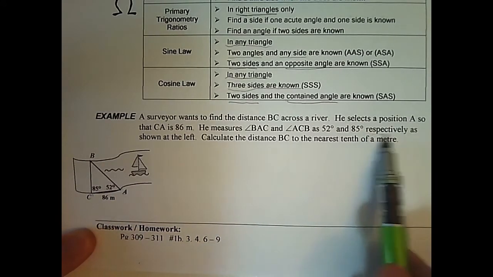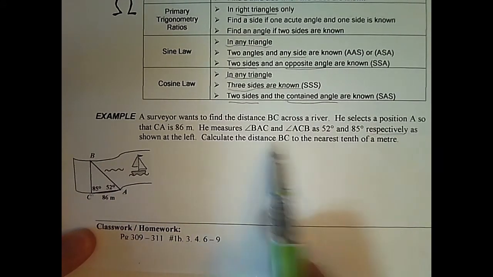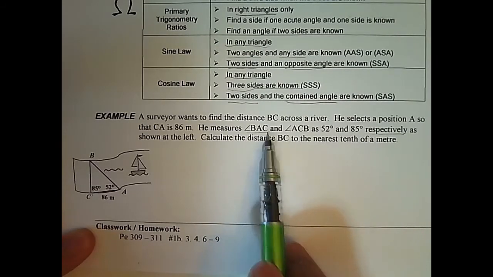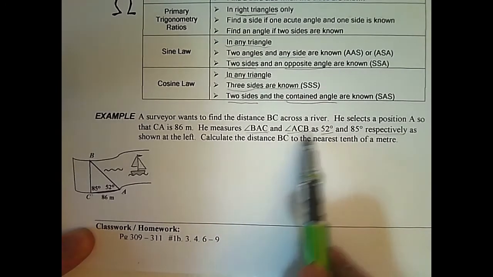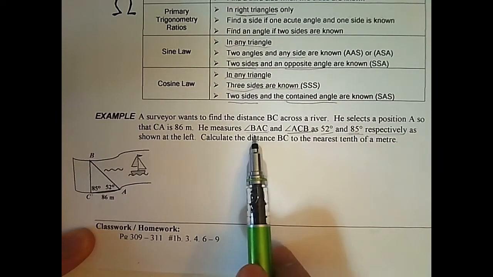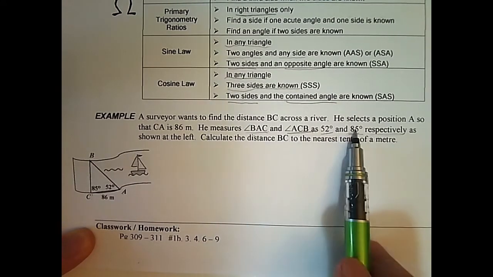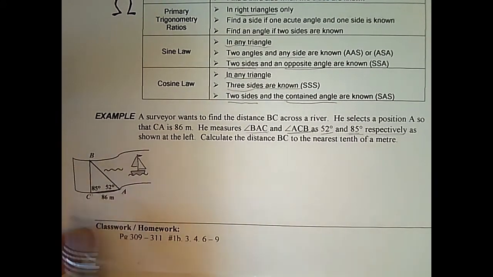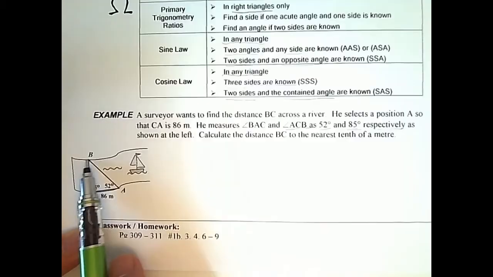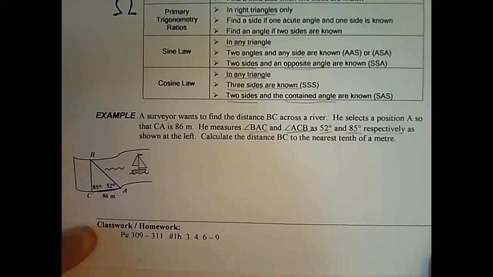When it says respectively, it just means in this order. So angle BAC will be 52, and then ACB will be 85. It's all shown in this diagram. Calculate the distance BC, again from here to here, to the nearest tenth of a meter.